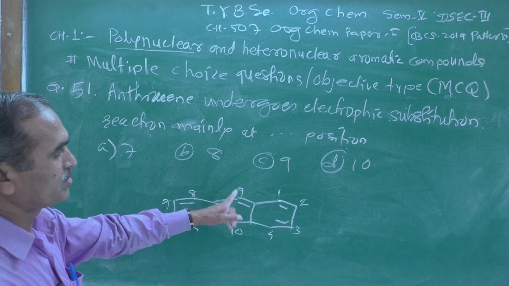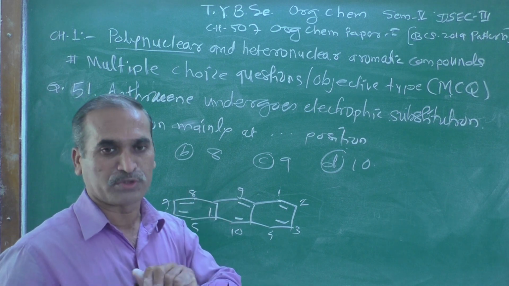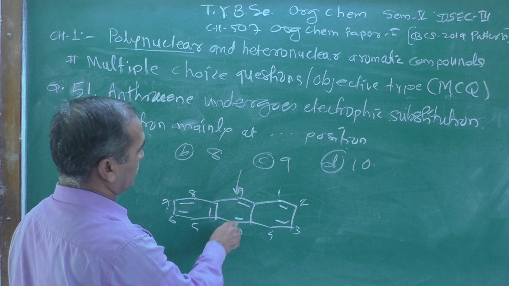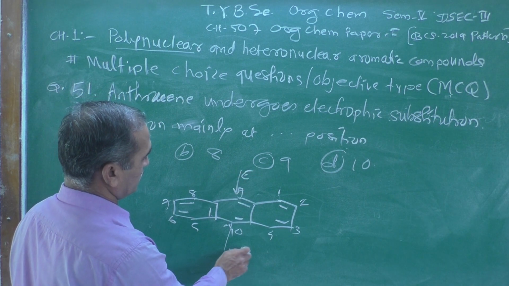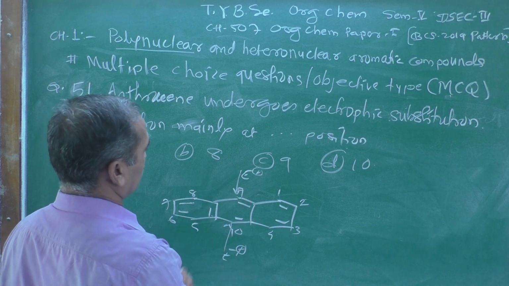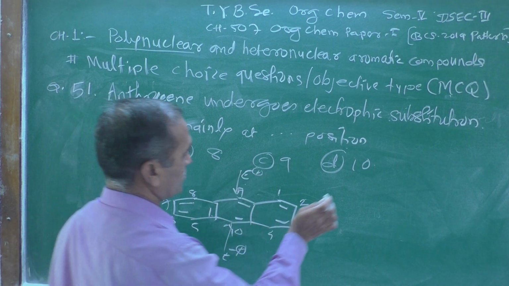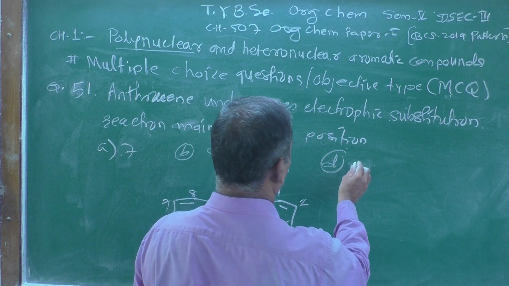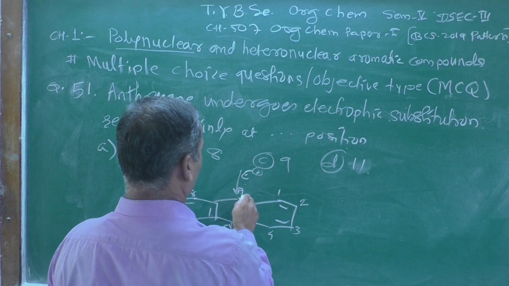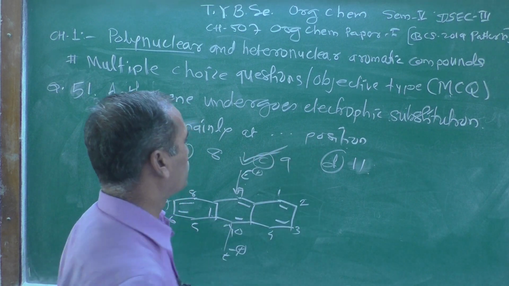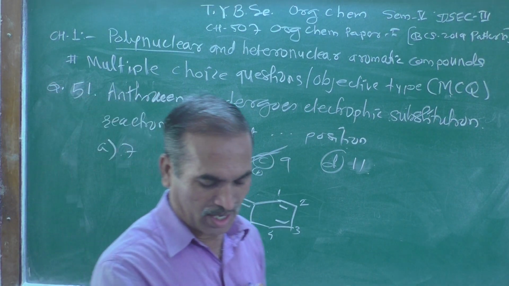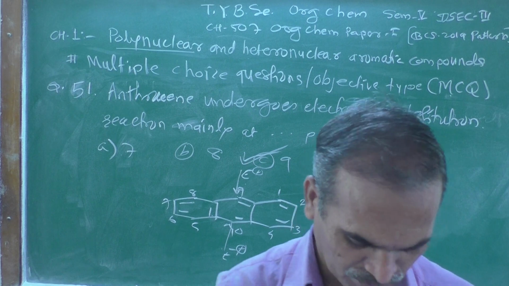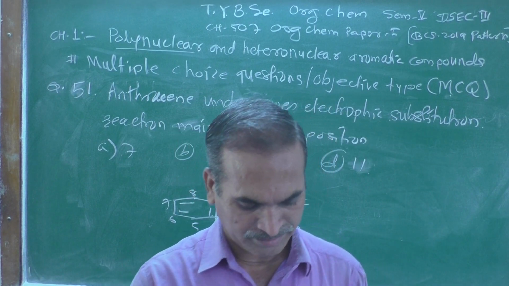Generally, electrophilic substitution occurs at the 9 and 10 positions because these two positions are identical, and therefore the electrophilic substitution reaction will occur at the 9 position.